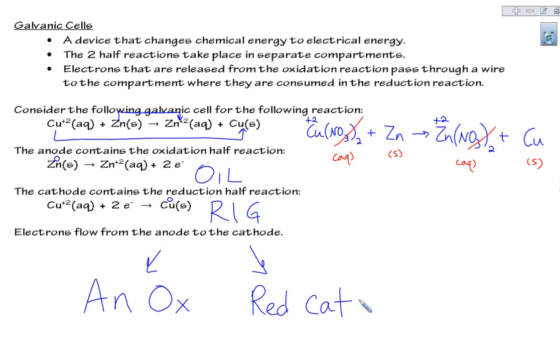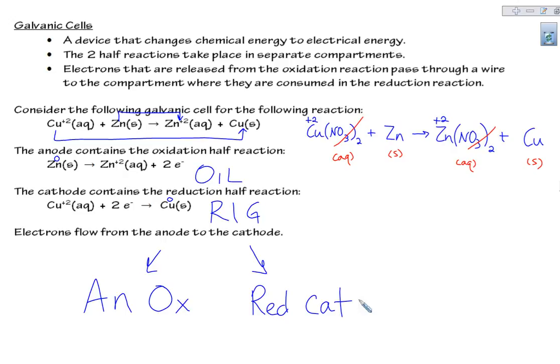An ox and a red cat walk into a bar. An ox and a red cat are trapped in an elevator. I don't know, you can do whatever you want. But that's actually how I remember it. At the anode, you will have oxidation. Reduction occurs at the cathode. An ox and a red cat.